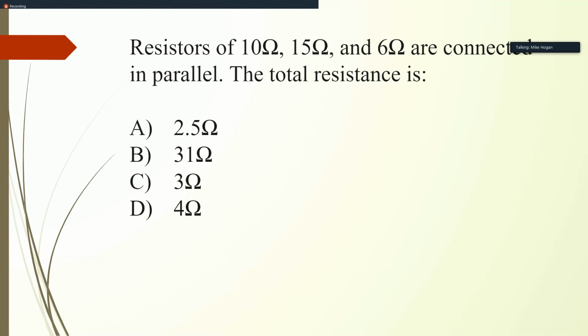Resistors of 10, 15, and 6 are connected in parallel. The total resistance is, so we have 10 ohms, 15 ohms, and 6 ohms are all in parallel. You know, we can't use our shortcut because they're all different values.